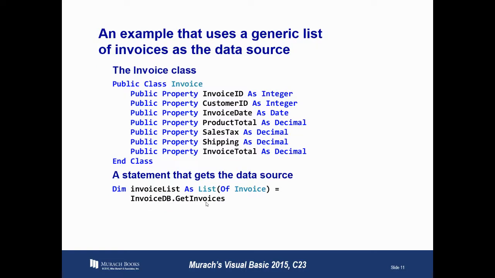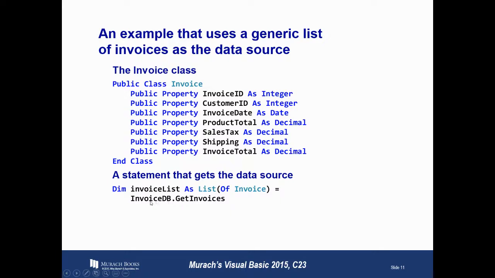It gets a little more complicated because remember, when you're querying with LINQ, you're querying all sorts of data sources. And in this case, we're going to have a list of invoices. So again, a list is an open-ended array, think of it that way, that can hold any type of data. In this case, we're going to hold an invoice, and you can see what the invoice class looks like. It has a bunch of properties in it. And we're going to be using the invoice class in chapter 23.